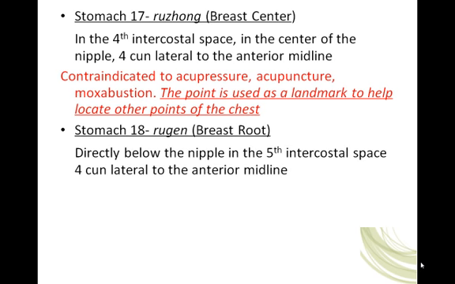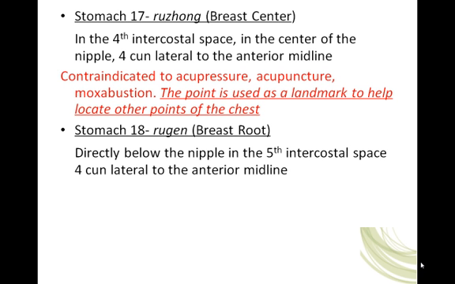Stomach 18, Rugen, breast root, directly below the nipple in the 5th intercostal space, 4 sun lateral to the anterior midline. And as we move down 4 sun lateral to the anterior midline, it's just here, right?